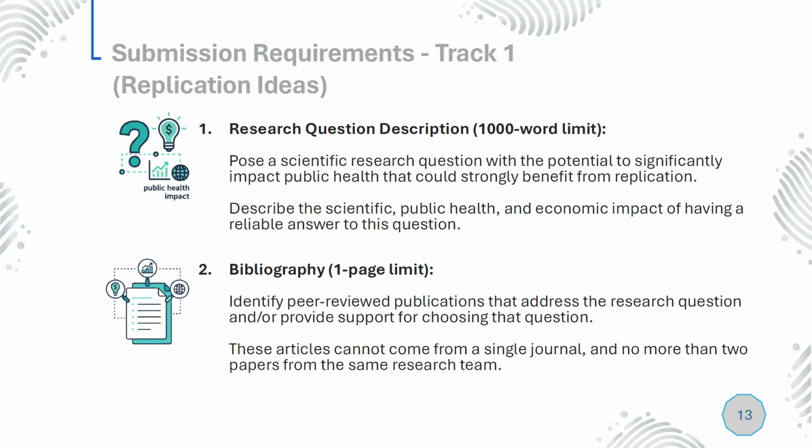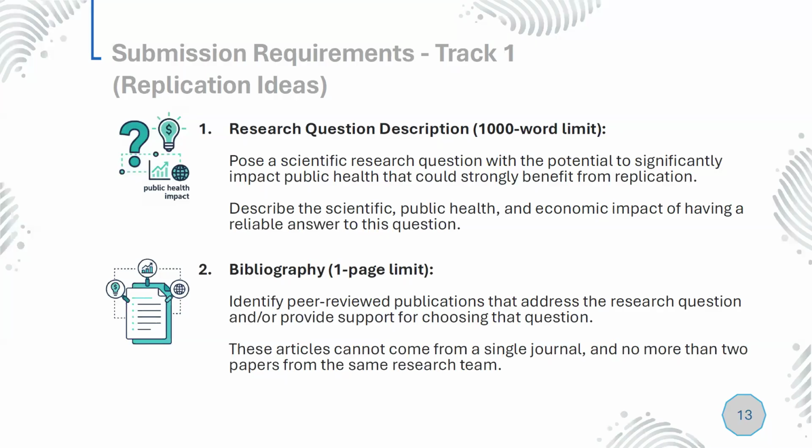there are some limitations on this bibliography. These articles cannot come from a single journal, and we would accept no more than 2 papers from the same research team. But that said, these are not limited to publications from peer-reviewed literature. We welcome reviews and commentaries as supplementary information.